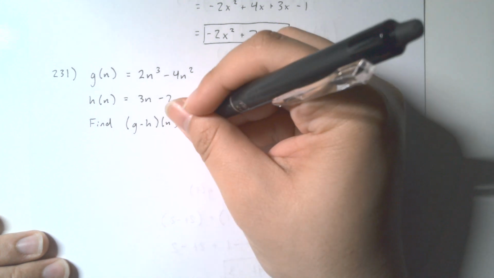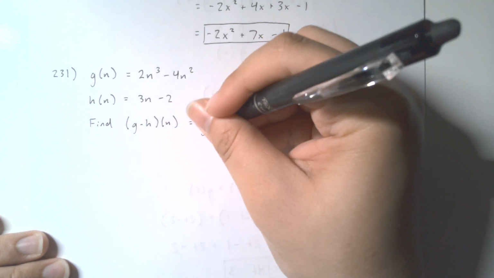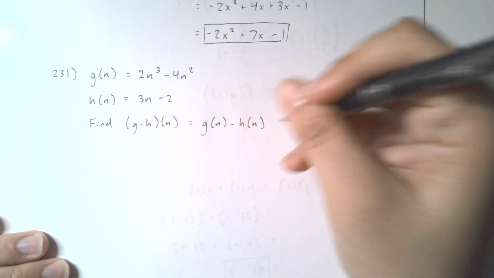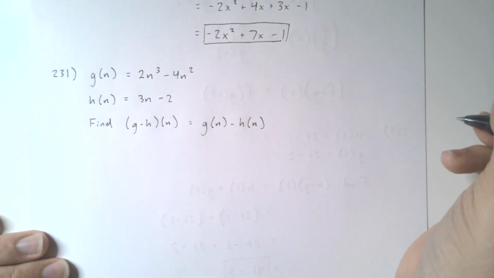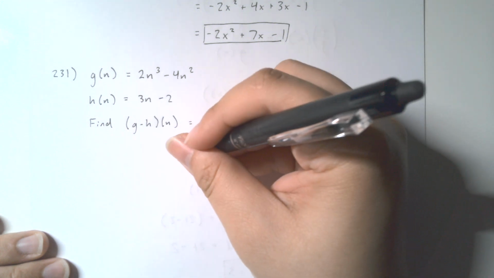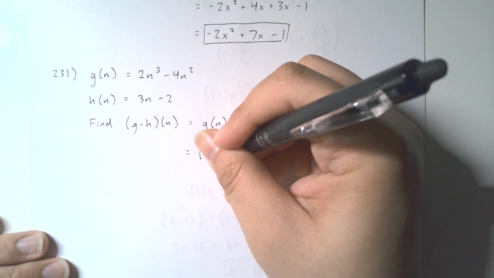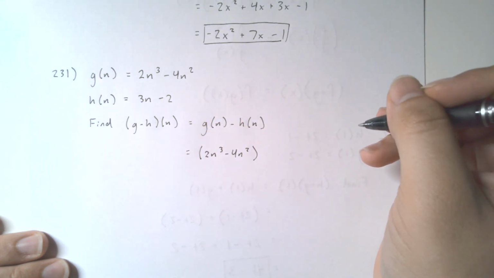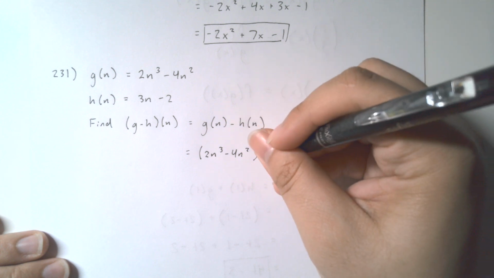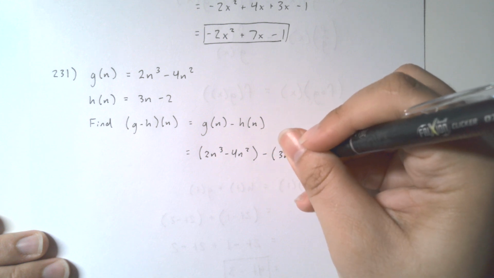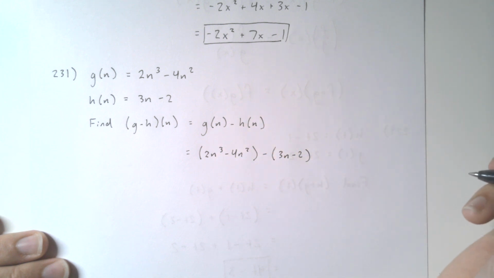So to do this, this is just defined as g of n minus h of n. So we replace g of n with whatever that's defined as, which in this case is 2n cubed minus 4n squared. And then we subtract h of n, which is 3n minus 2, so minus 3n minus 2.